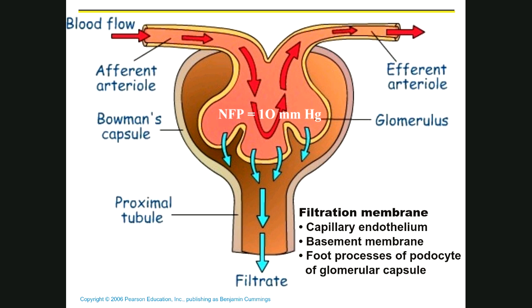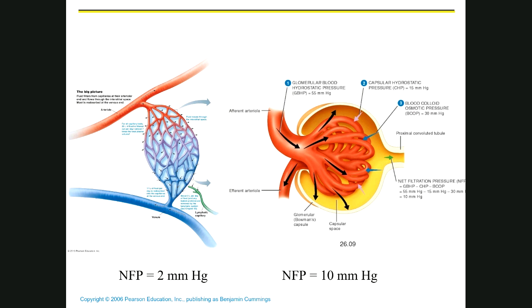Well, remember, in order to make something move, we're going to have a force. And we figured out before, when we looked at regular capillaries, remember regular capillaries look like this. And we have this arteriole, and then on this end, remember, we had a net filtration pressure of 10.